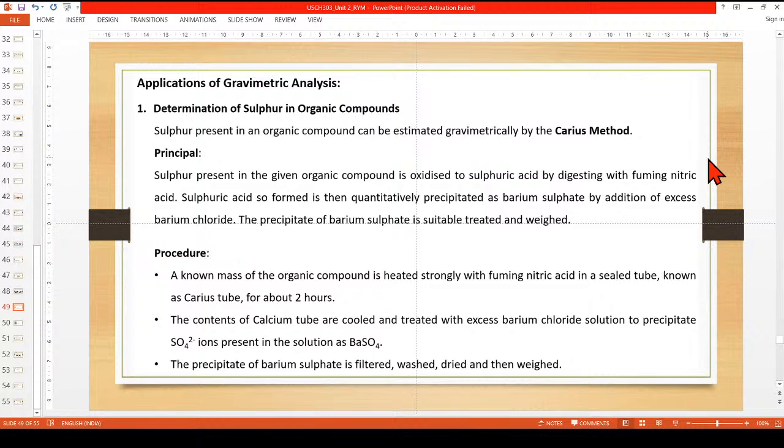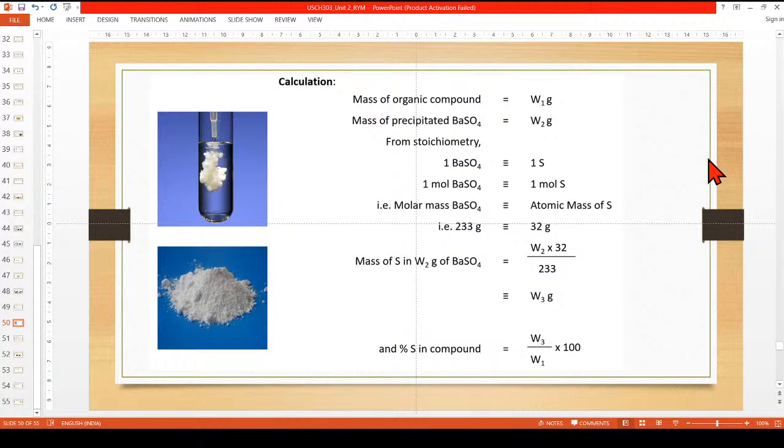Barium chloride is precipitating agent. Okay, 2 sentences याद में रखो. Nitric acid is oxidizing agent and barium chloride is precipitating agent. This is how the estimation is done.